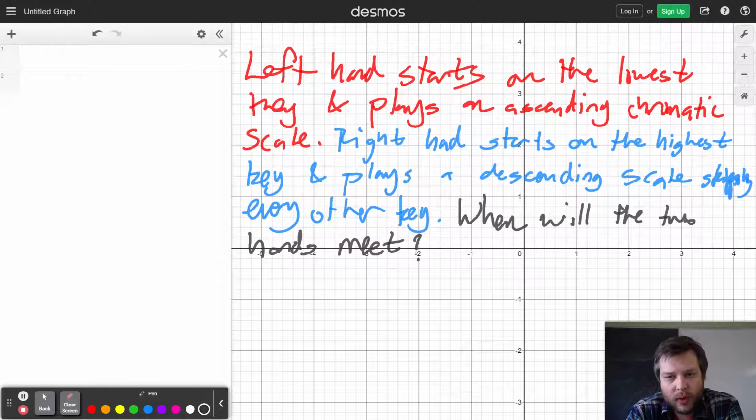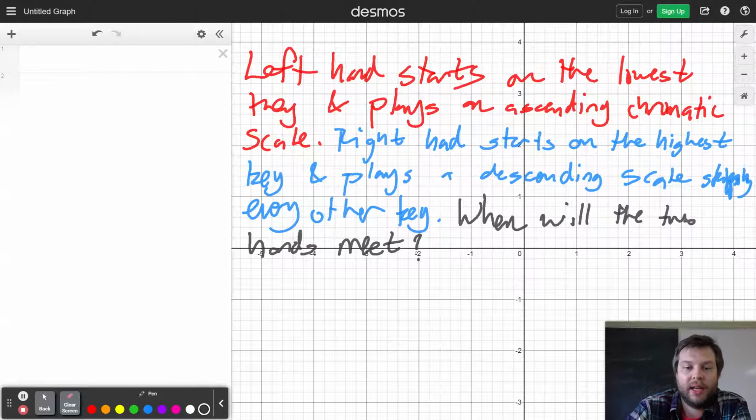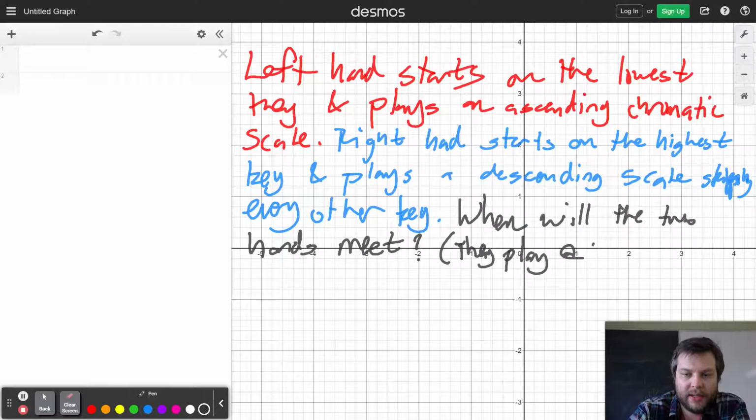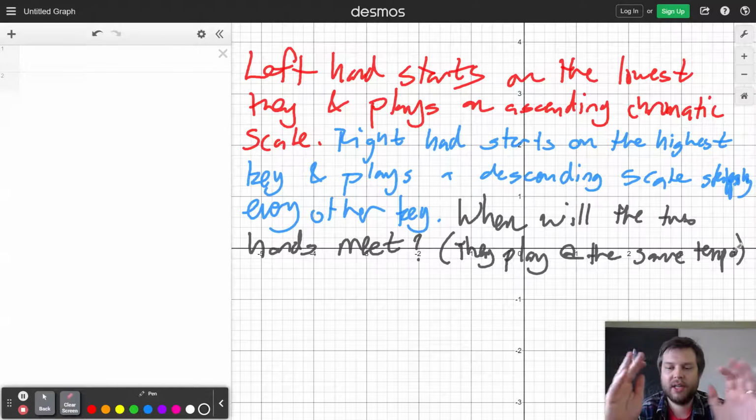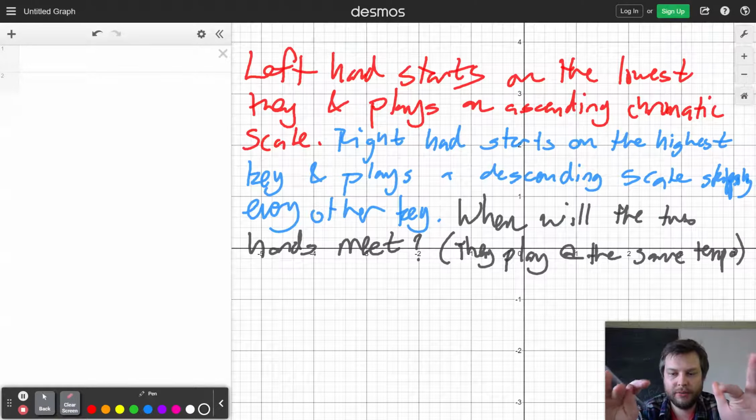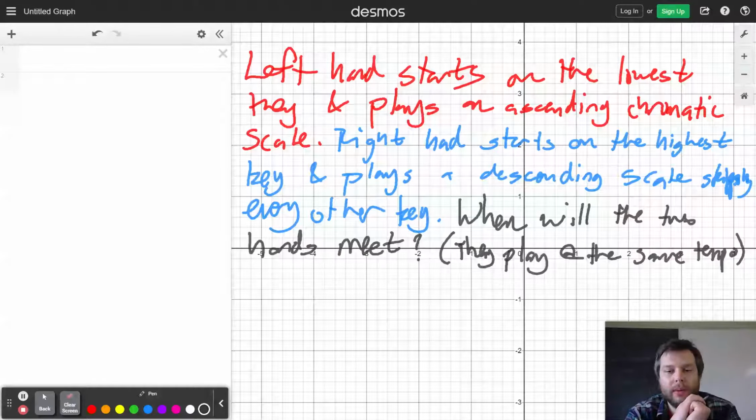And I should mention another assumption, that they play at the same tempo. Otherwise, you can't answer the question. But if we're assuming that each hand plays one key at the same tempo, then when will they meet?